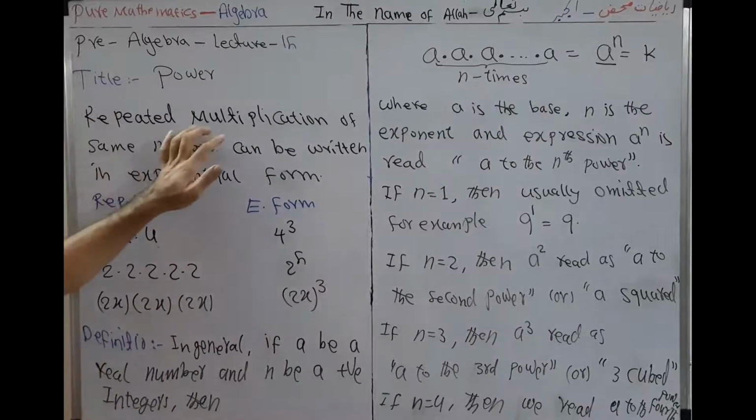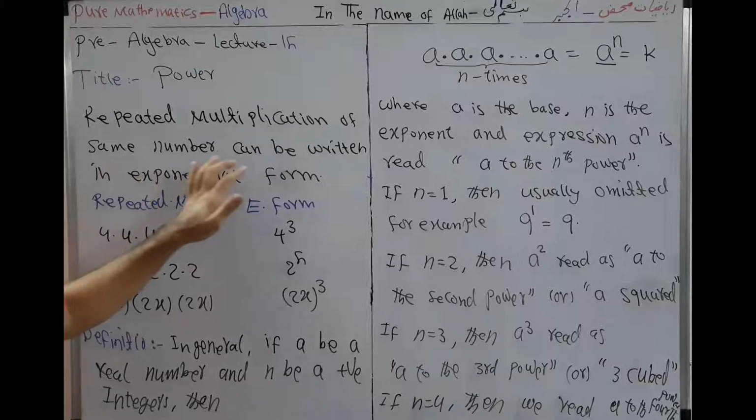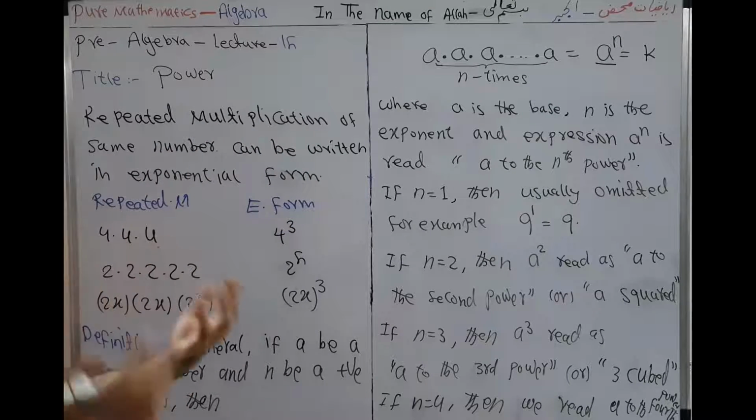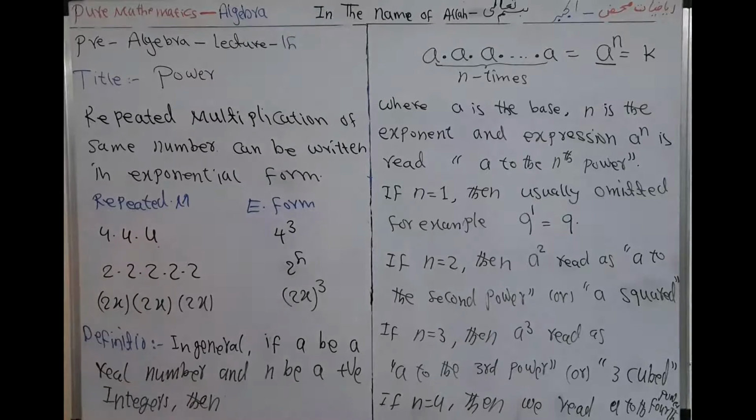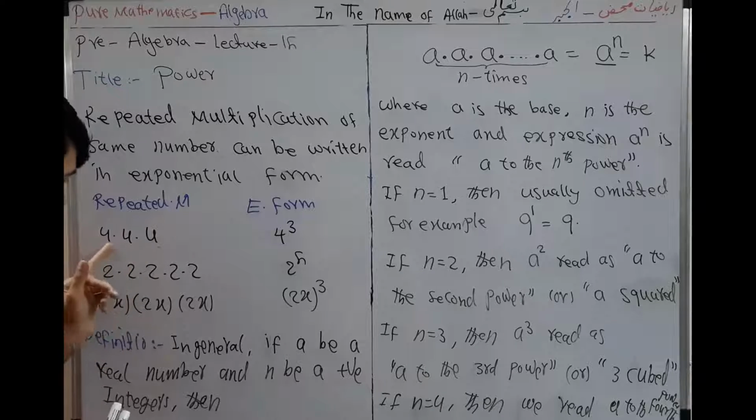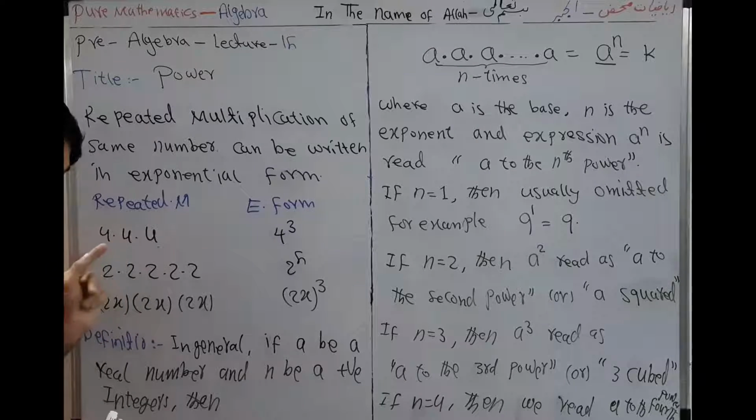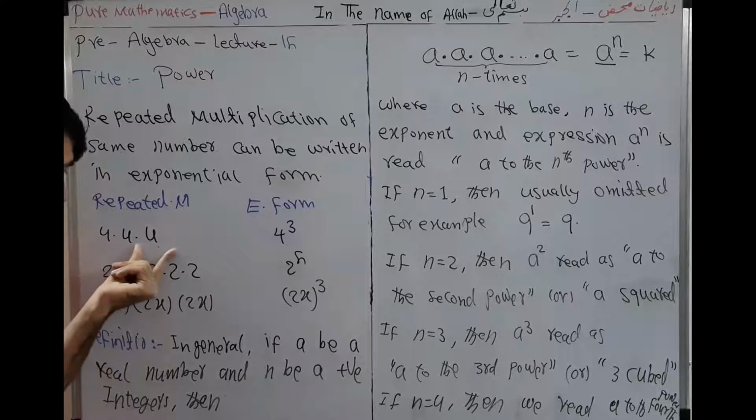Actually, repeated multiplication of the same number can be written as a power, in exponential form. If you see these numbers, they multiply one number so many times.